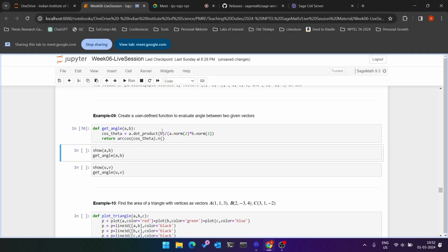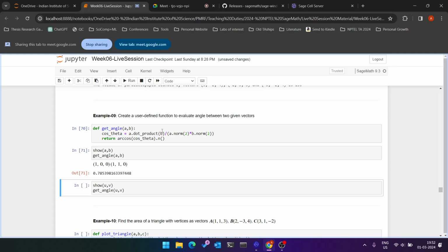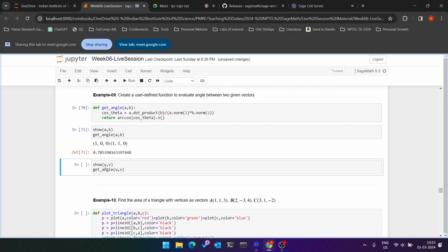So suppose I run it on the vectors A and B, we have already defined them to be 1 0 0 and 1 1 0. We expect the angle to be pi by 4, 45 degrees, and that is essentially what we are getting, 0.785 in radians.